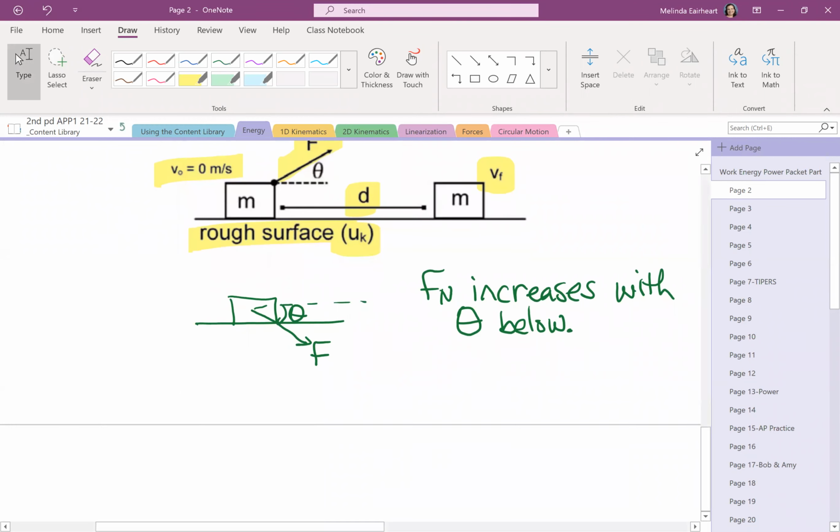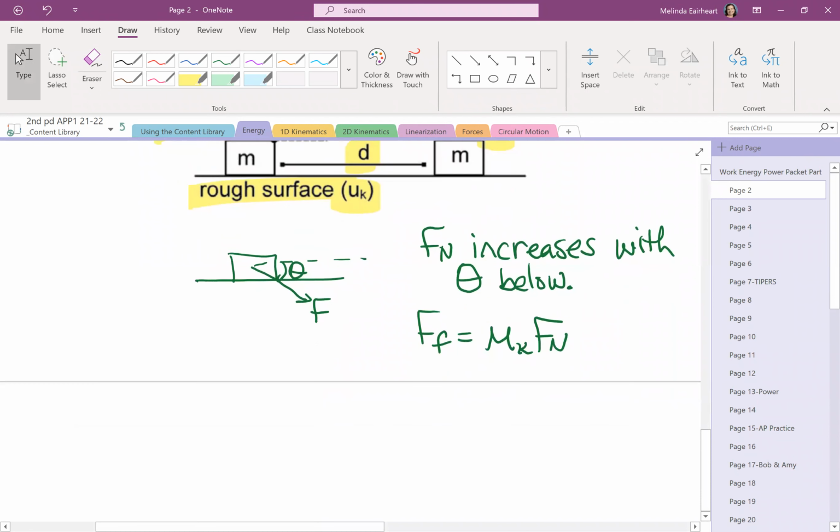Friction, remember, is equal to mu K times Fn. Well, remember, mu K is dependent on the surface. So if the surface doesn't change, it's going to be the same. But if our normal force is increasing, that means there's more friction. So we have more frictional force, meaning the work done by friction is going to increase.